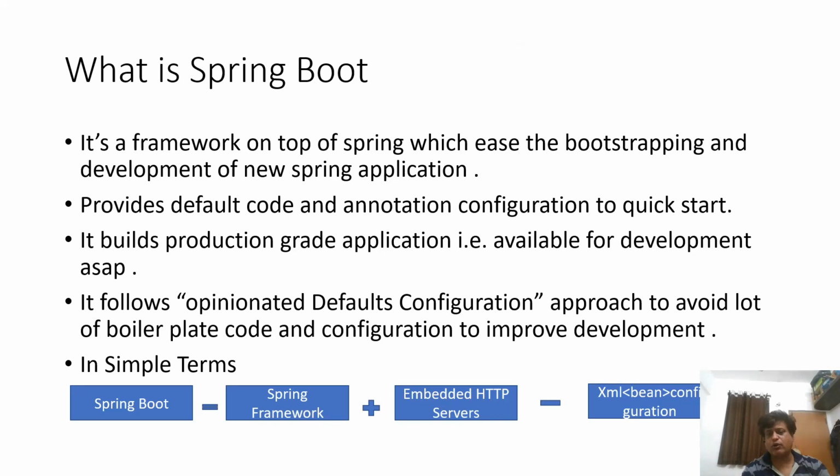That is the main aim of going for Spring Boot, and here the development happens very fast. It follows an opinionated default configuration approach to avoid boilerplate code and configuration and to improve development. That is the main aim why we have come up with Spring Boot.